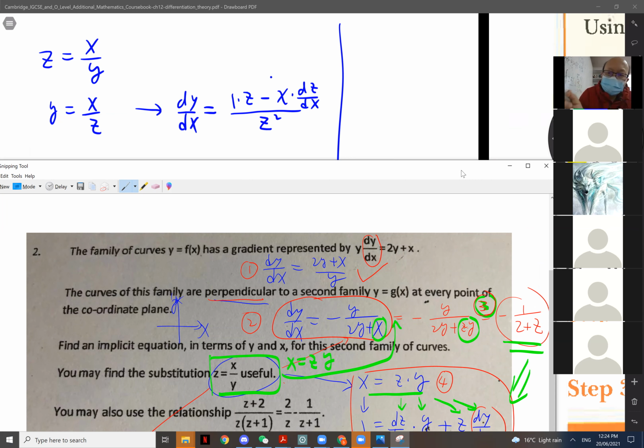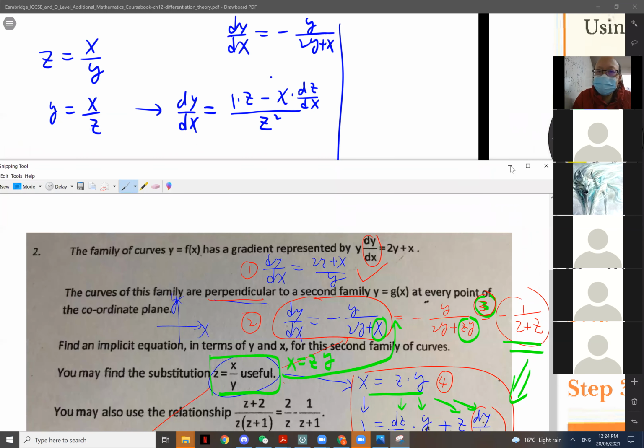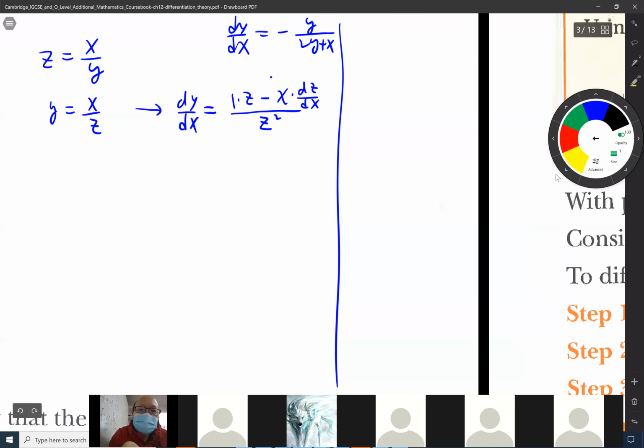I'll copy down the original question here. It's dy dx equals negative y over 2y plus x. That's the question we try to simplify. After this step, this left-hand side, we tried a different way. This left-hand side, just change to this.